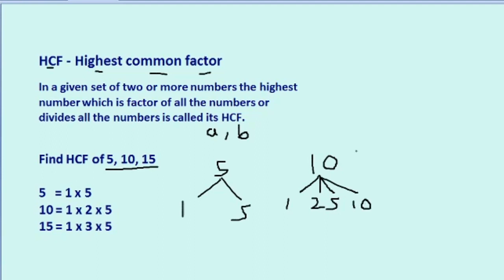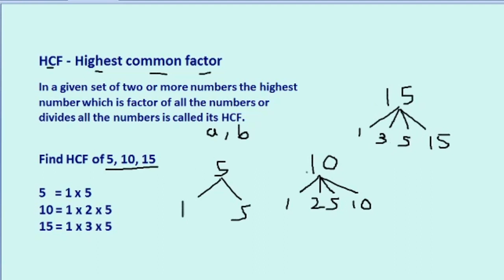Then we have another number, 15. We can divide 15 by 1, 3, 5 and 15. So 1, 3, 5 and 15.